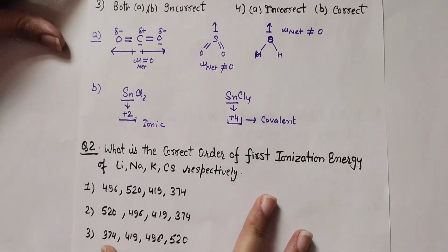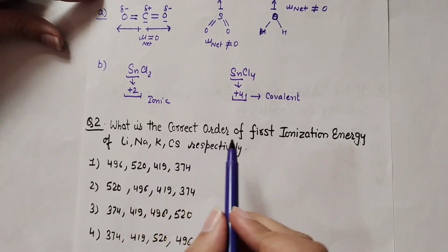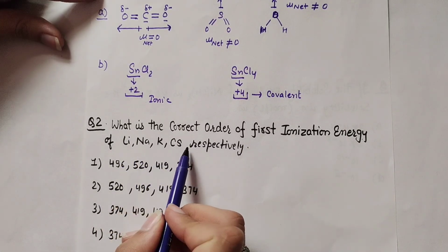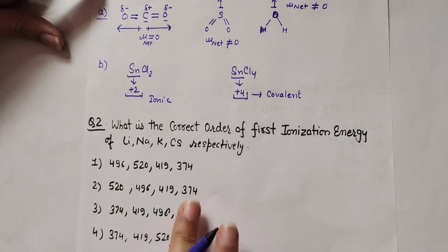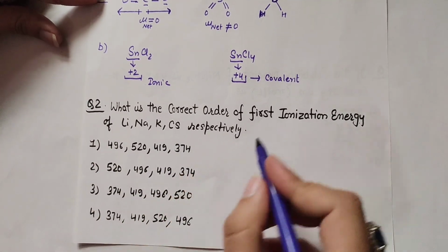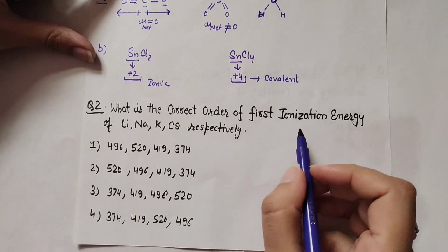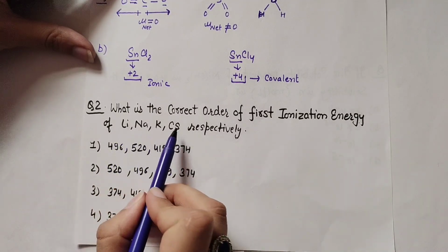Now moving on to the next question, what is the correct order of first ionization energy of lithium, sodium, potassium and cesium respectively? And we have these given options. Now we know the trends about ionization energy. Firstly, we should know where these elements fall.